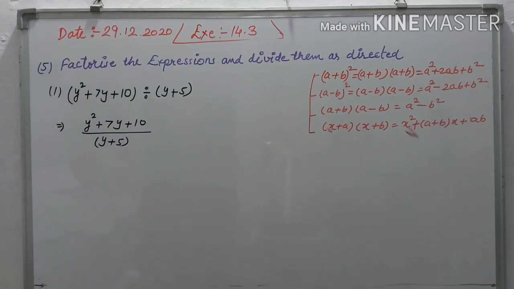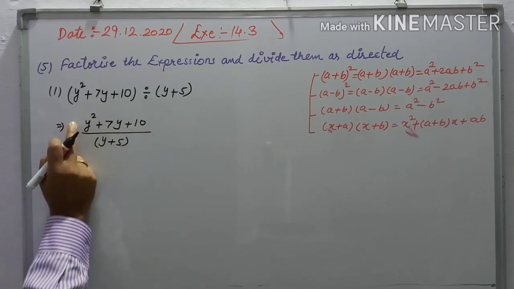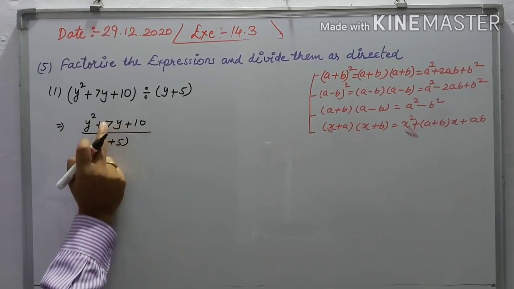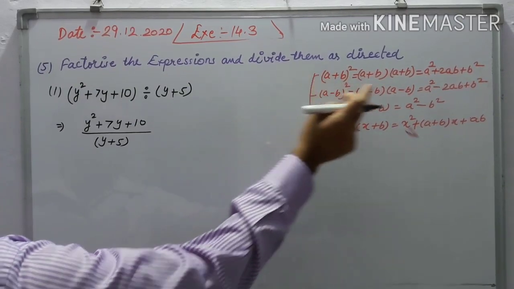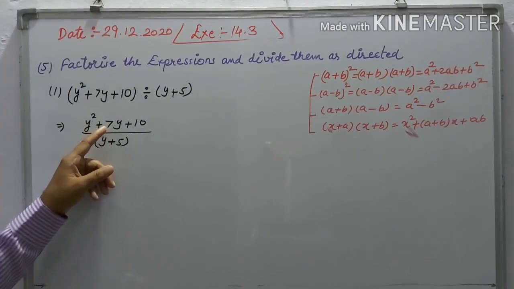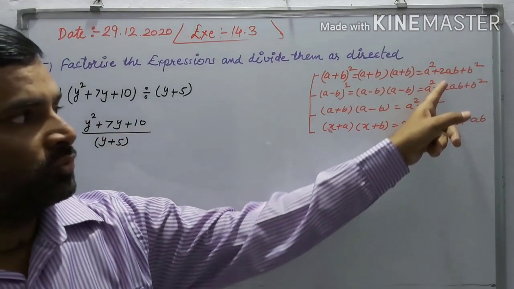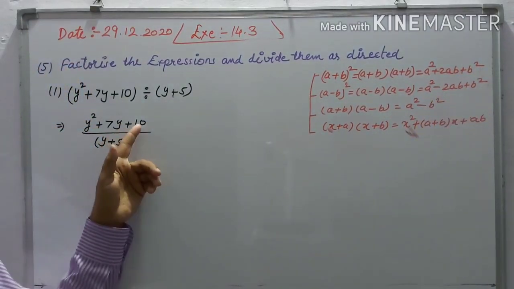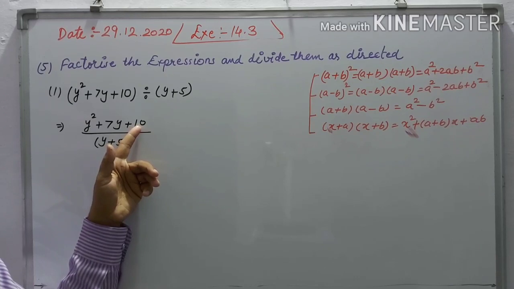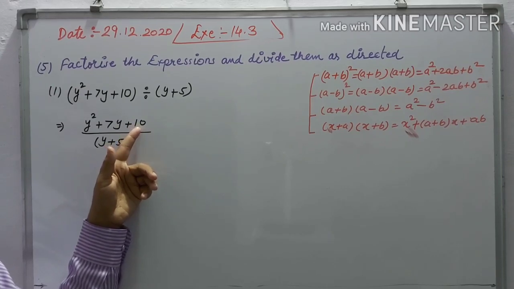Okay, now compare the identities, because no terms are common. The 3 terms are unlike terms, 7 and 10 are like terms. In the first identities, the last term is not in square form, because in the 1st, 2nd, 3rd identities the last value b is in square form, but 10 is not a square. Suppose here it were 9, then 9 is the square of 3, but 10 is not the square of any number.